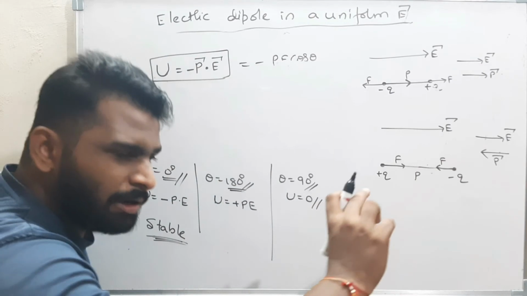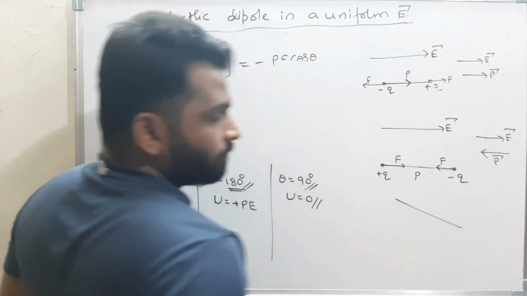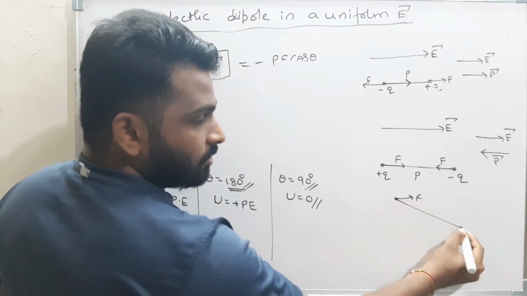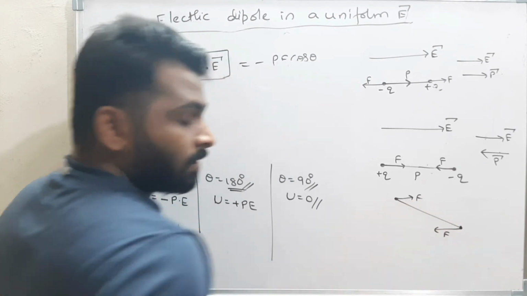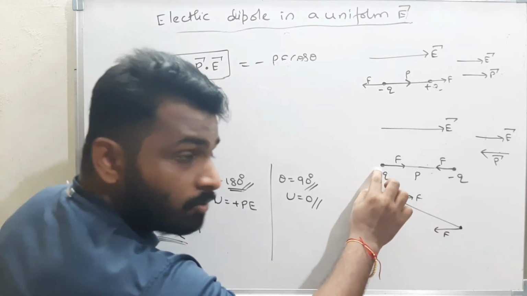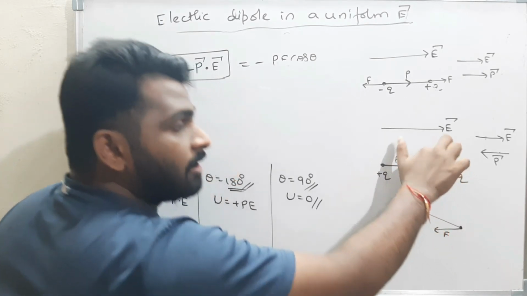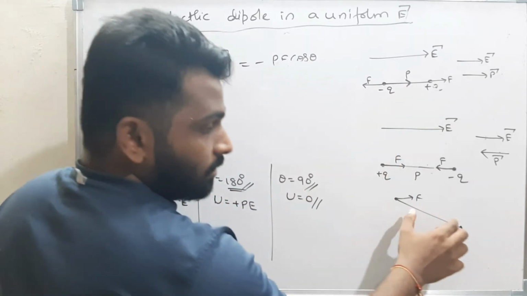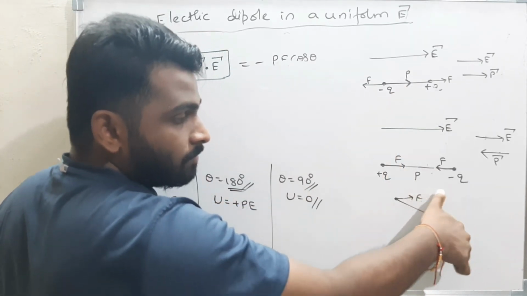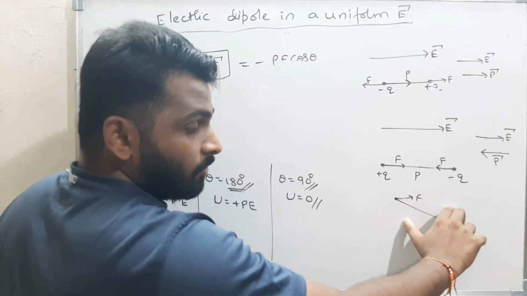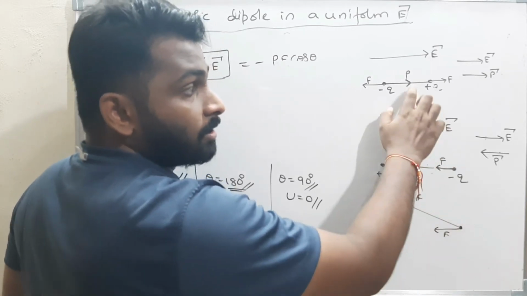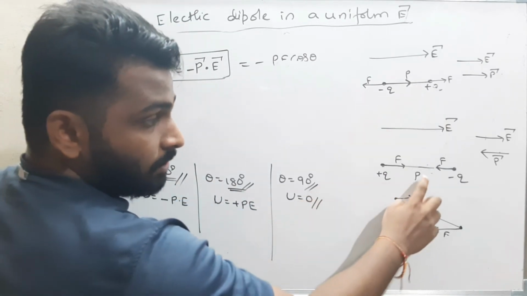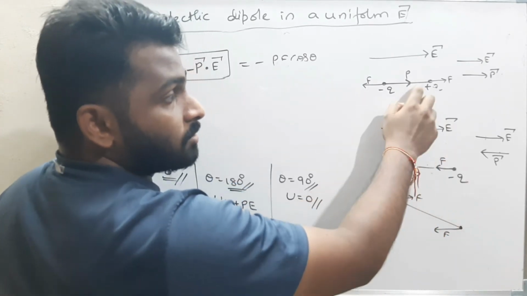Whenever I give a small disturbance, what will happen? If I move this a little bit, it will completely start to rotate, complete a half rotation, and come to the stable position.